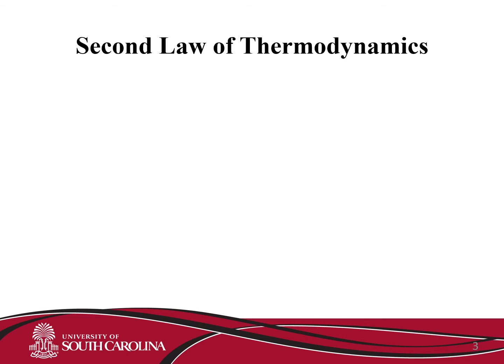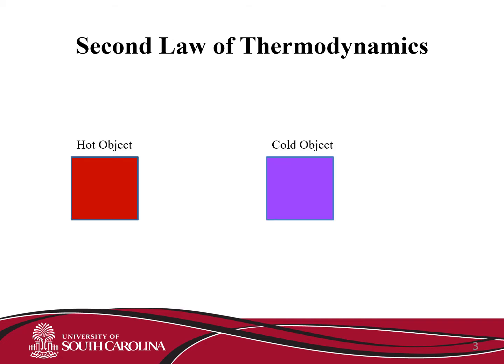From the second law of thermodynamics, which everyone should know, it is not possible for heat to flow from a cold object to a hot object without work. Heat flows spontaneously from a hot to a cold object when a hot and a cold body are in thermal contact.